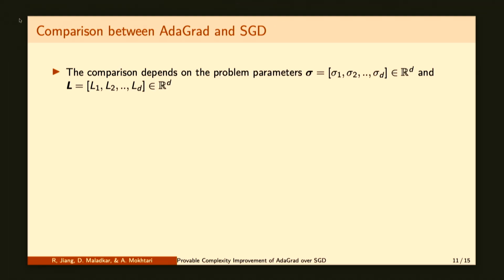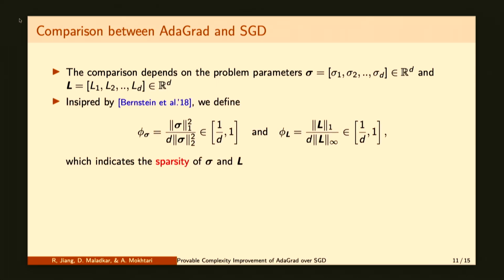Right, so to facilitate this comparison, I'm just going to introduce some notation. I'm going to introduce this phi sub sigma and phi sub L, which, without going into details, you can think about as a measure of sparsity of these vectors.